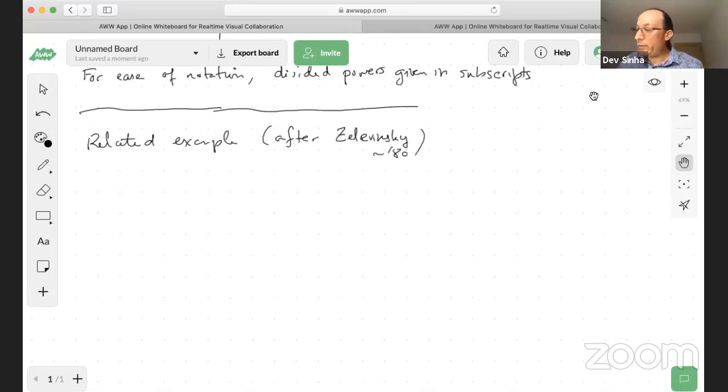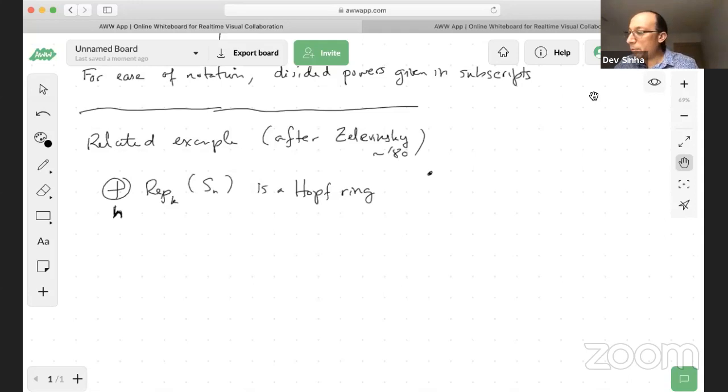And that is, if you take the direct sum of representation rings, and I could do this over any ground field I want, of symmetric groups. So look at all the symmetric groups together. This is a Hopf ring. Zelevinsky only looked at part of the structure, just a Hopf algebra, where, consistent with the notation above, this is the internal tensor product.